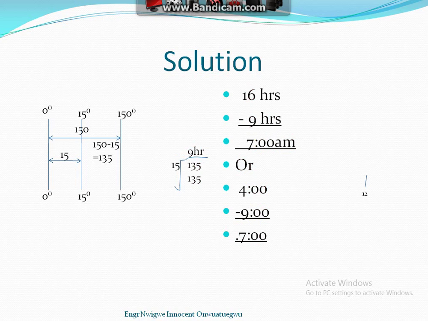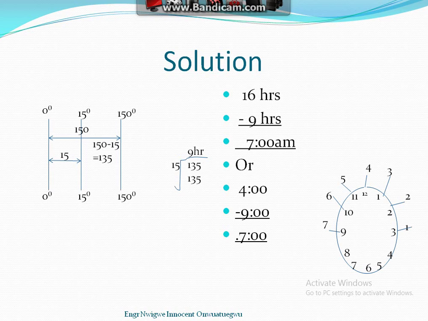We now subtract 9 hours from 4 p.m. So if we subtract from 4 p.m. going back into a.m. in the morning, we count 1, 2, 3, 4, 5, 6, 7, 8, 9. The 9th is at 7. So that is how we got 7 a.m. in the morning.